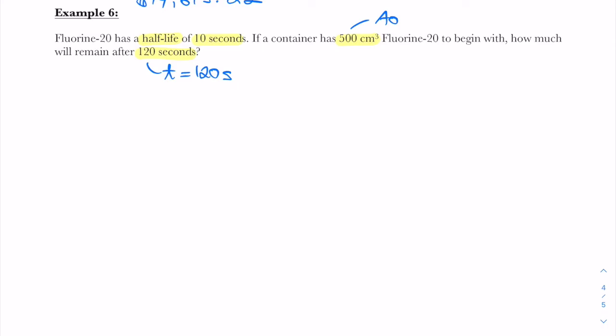Now let's go back to the first sentence. Because the half-life is every 10 seconds, 10 seconds represents your tau. But the thing for half-life, because it keeps losing half of what it had, the decay rate is 50%. All right, so let's set up our equation.